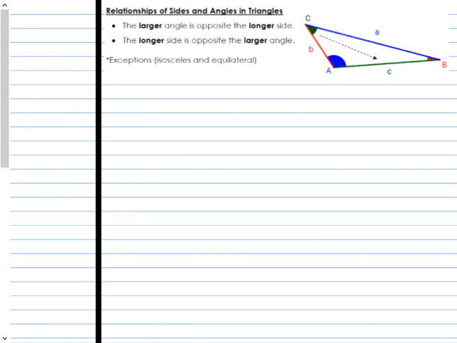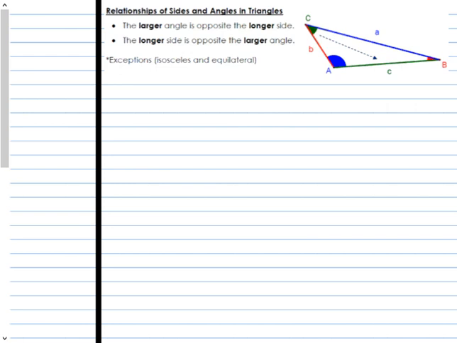Okay, backside, relationships of sides and angles in triangles. The larger angle is opposite the longer side, and the longer side is opposite the larger angle. There are exceptions, isosceles and equilateral triangles, which we'll talk about a little bit. But it kind of makes sense. The bigger the angle, the bigger the side is across from it.